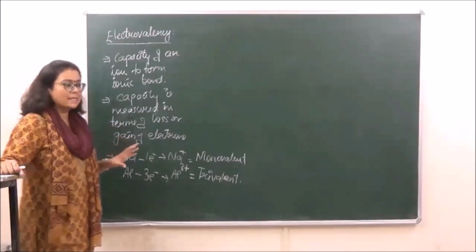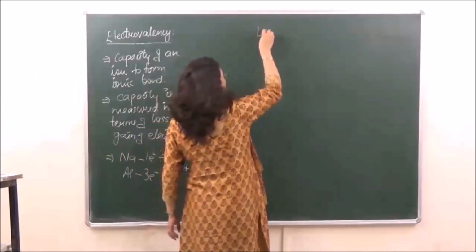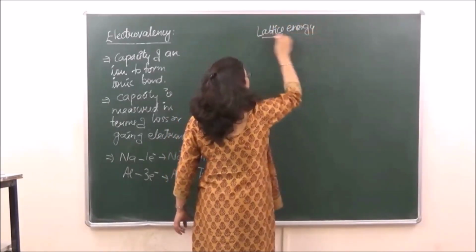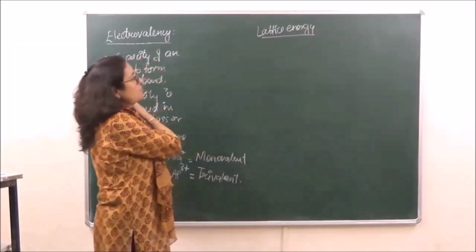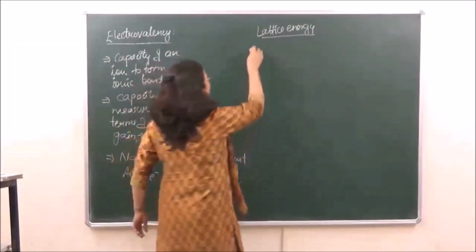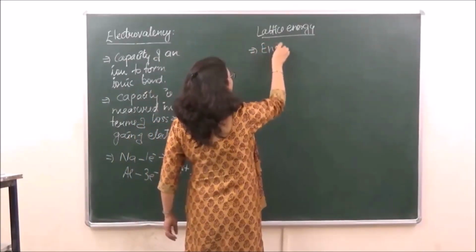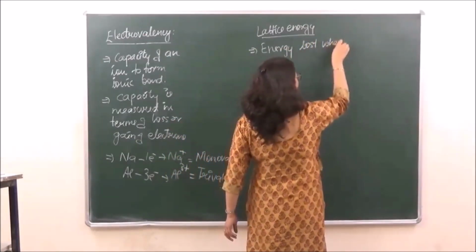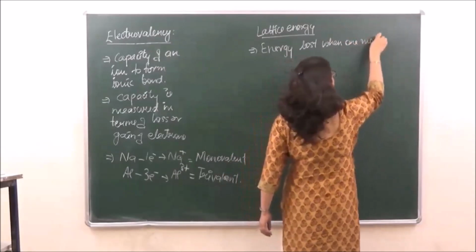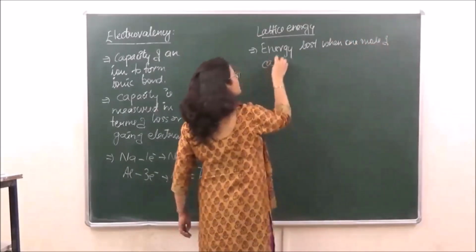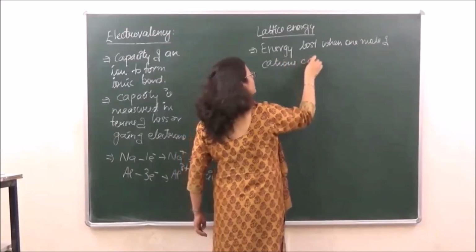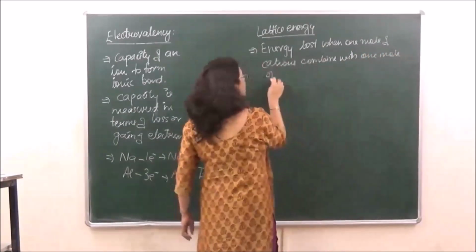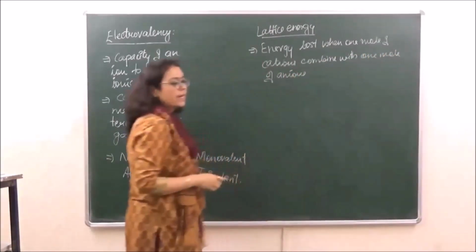When we were talking of electrovalent compounds, we spoke of one term which was known as the lattice energy. Okay, so let's do lattice energy in detail. How did we define lattice energy? We said that lattice energy is the energy required or energy lost when 1 mole of cations combined with 1 mole of anions to form a crystal lattice.